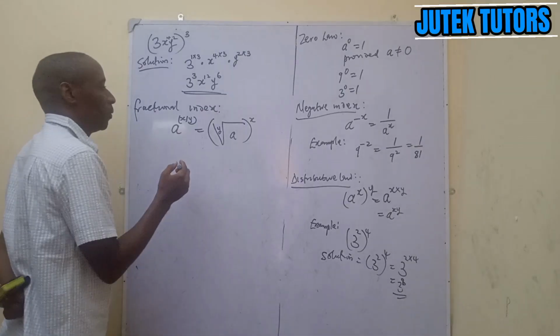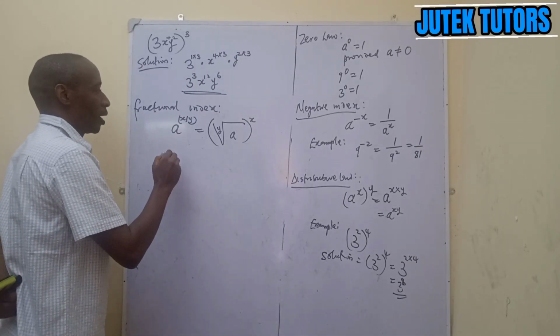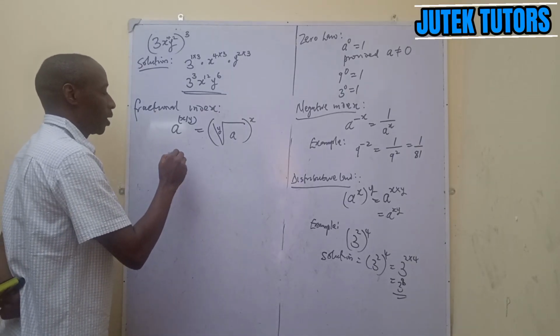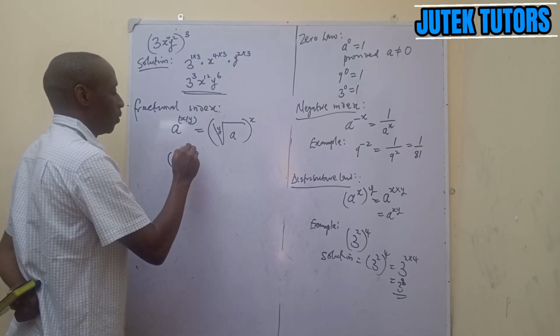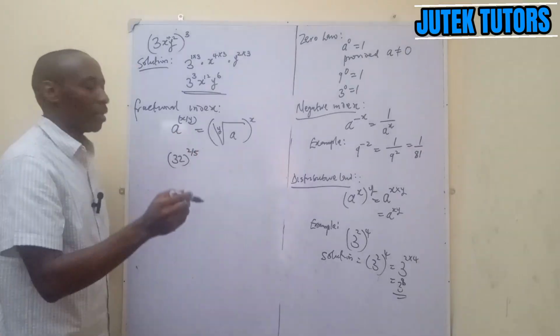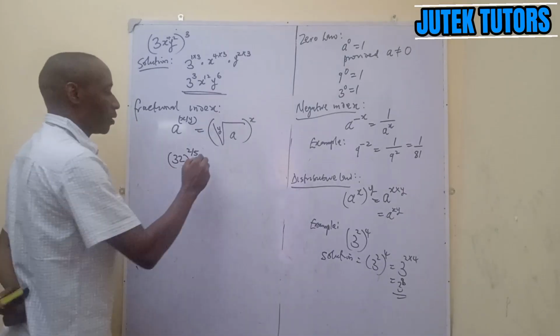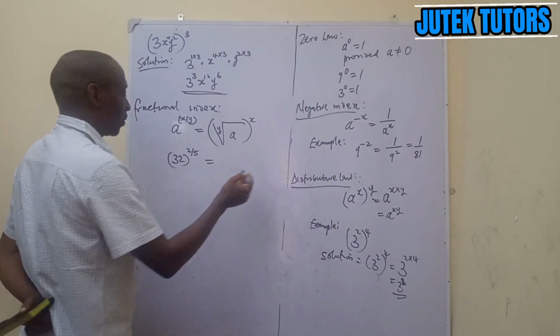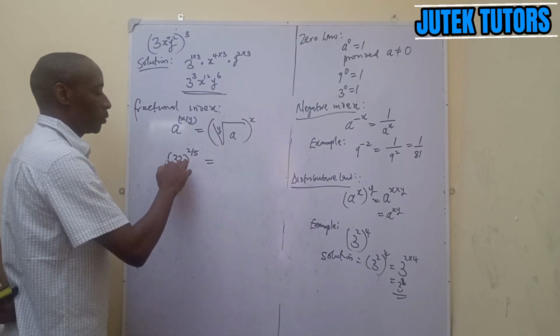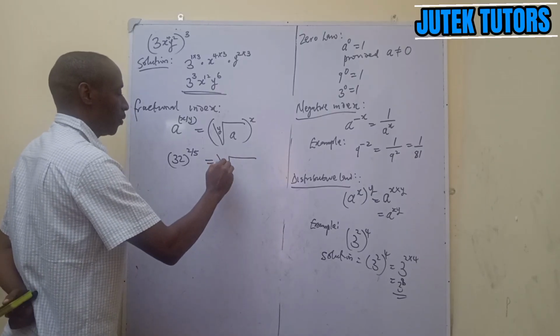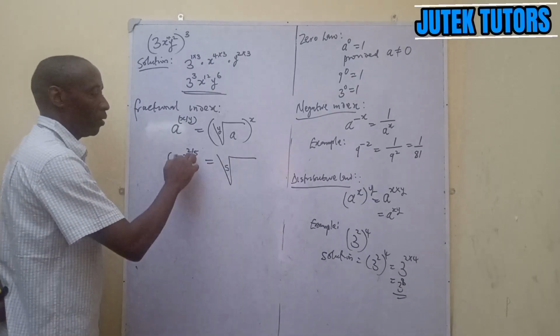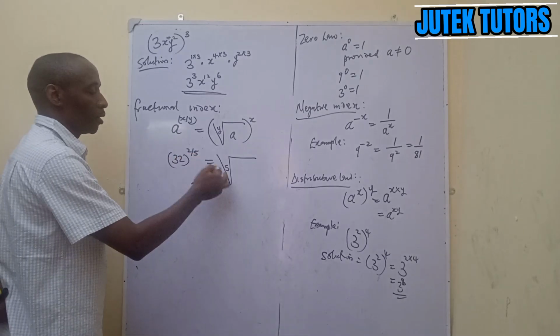So for example, if we have 32 raised to the power of 2 over 5, how do we solve it? We take the fifth root of 32, because the denominator of the fraction is the root.